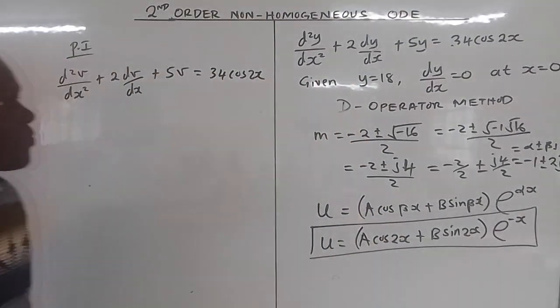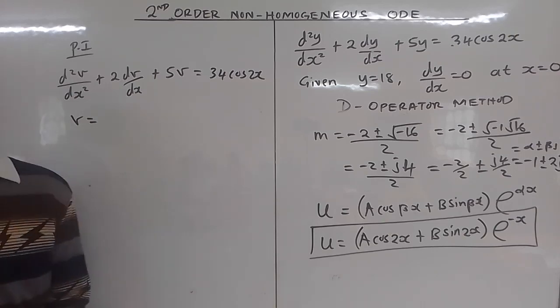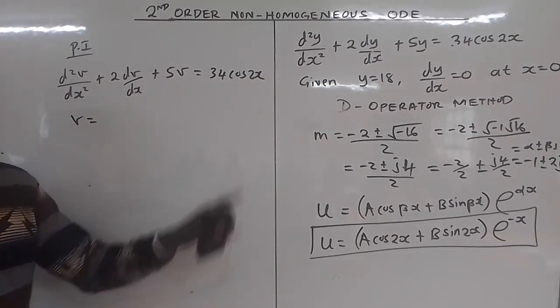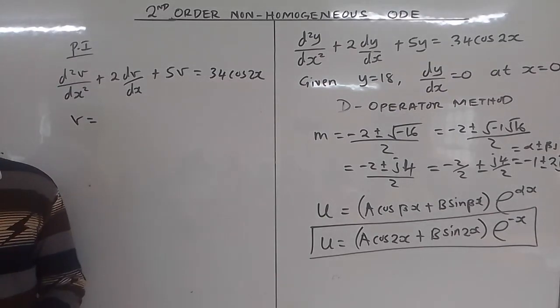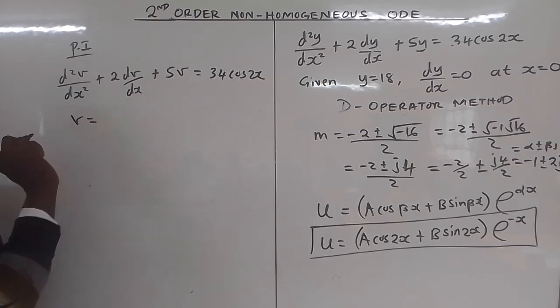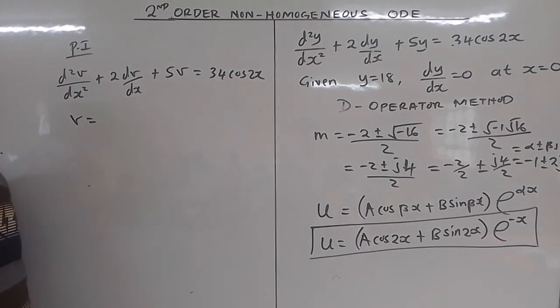So what is your choice for v? Your choice for v, you look at the function. Here we have cos 2x. Here we've already used a and b, so we can use c and d or k1 and k2.